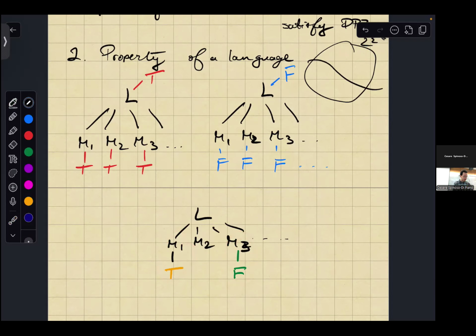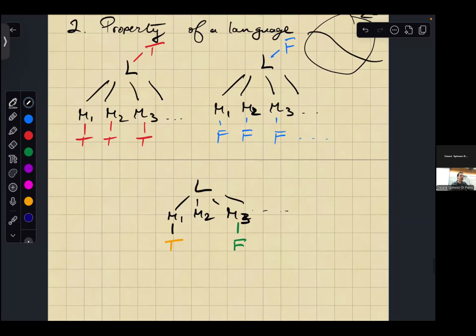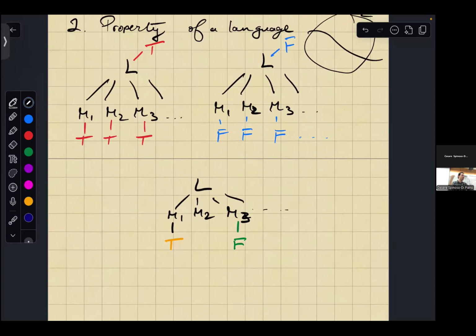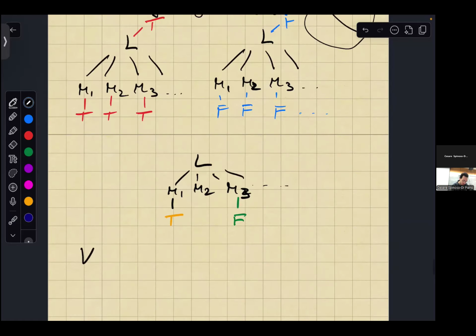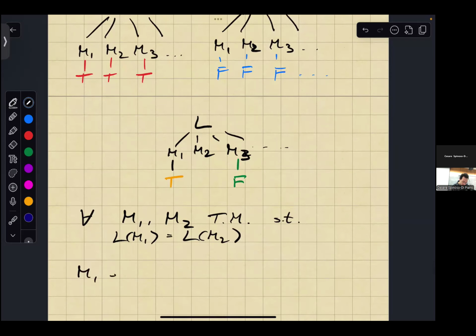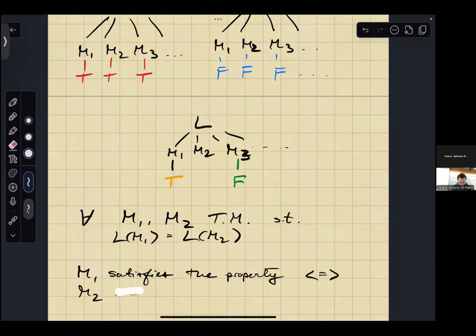So formally, the way that this is written in propositional logic, to check that a property of a Turing machine is actually of a language, I have to do the following. I have to show that for any pair of Turing machines such that the Turing machines accept the same language, M1 satisfies the property if and only if M2 satisfies the property.